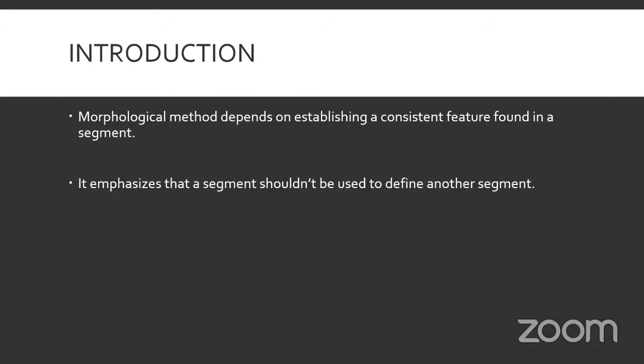Basically, this method relies on establishing a consistent feature that is found in whatever segment you're trying to identify. For example, in the past, if you defined the left ventricle as the ventricle that has the mitral valve, you'll run into issues with mitral atresia, as you will not find the mitral valve and you'll not be able to identify the left ventricle.